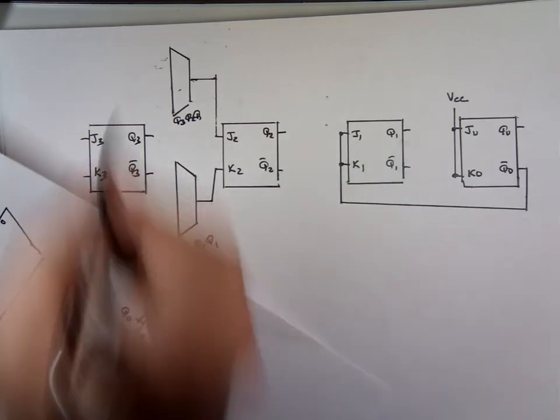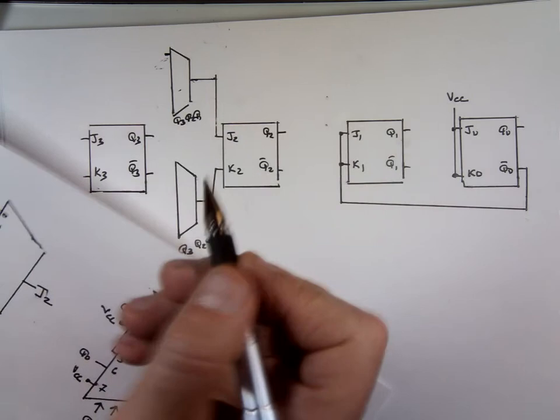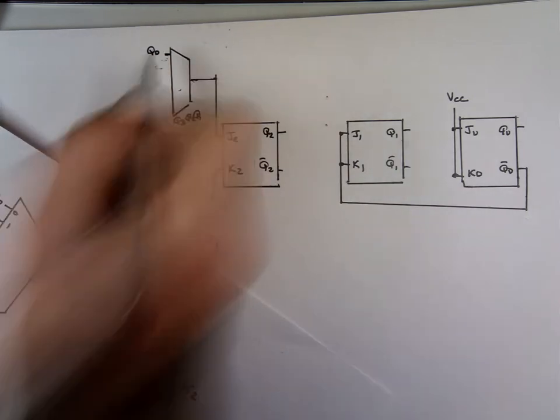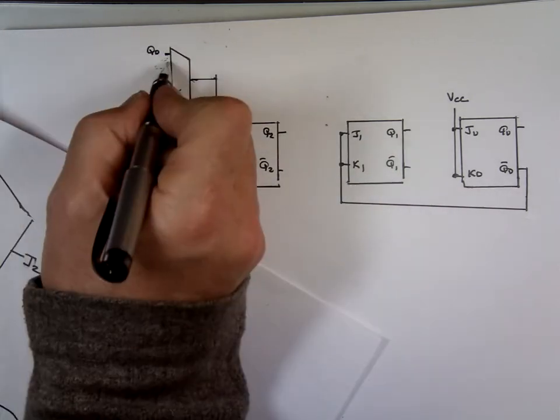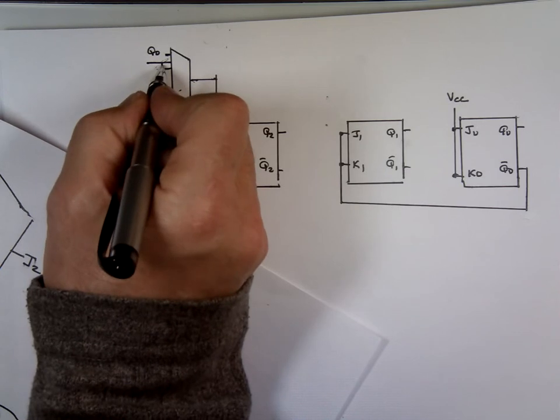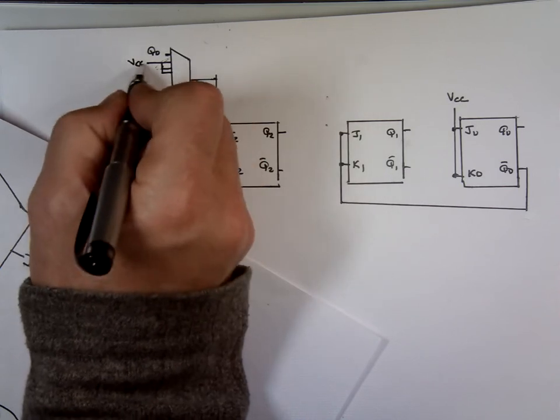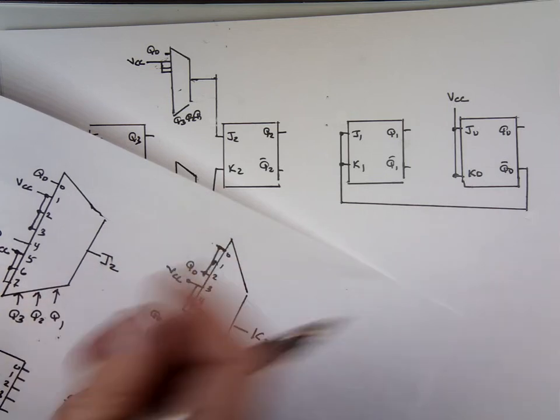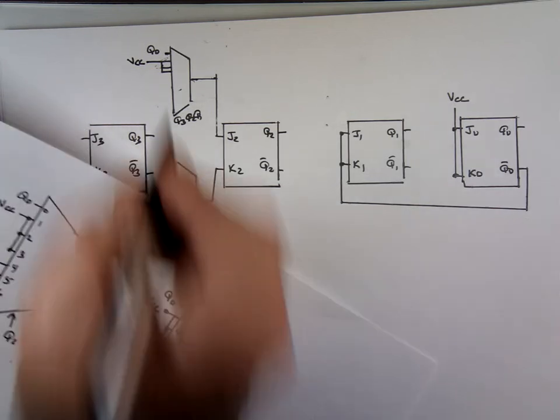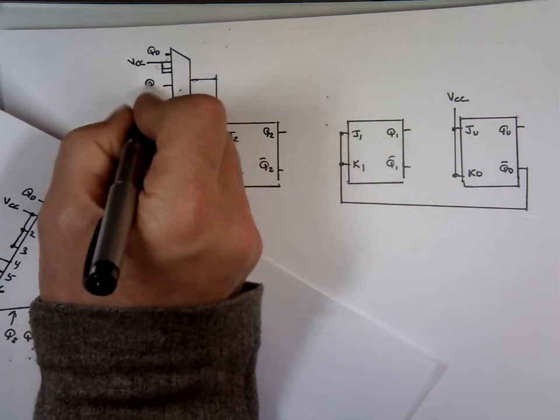And I just go Q0 here, VCC on the first 3. Then on pin 4, Q0, 5, 6, and 7 VCC.